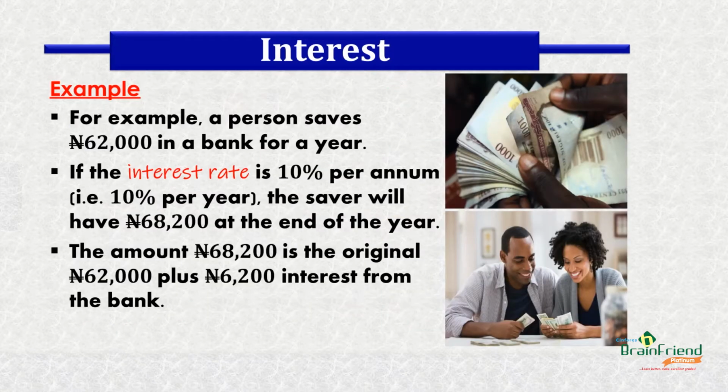We have an example. For example, a person saves 62,000 naira in a bank for a year. If the interest rate is 10% per annum, and 10% per annum actually means 10% per year, the saver will have 68,200 naira at the end of the year. That's an increased amount, isn't it?